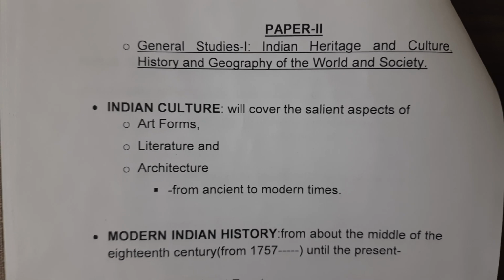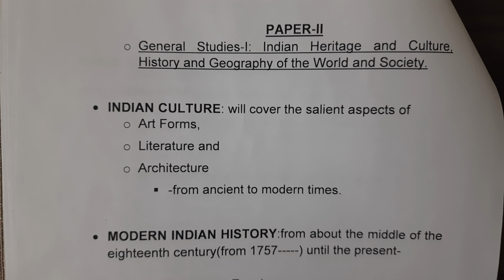This topic generally comes under the broad spectrum called Indian culture, covering art forms, literature, architecture, and all these things from ancient to modern times. You have to be very careful about this. From ancient to modern, they have been asking this.